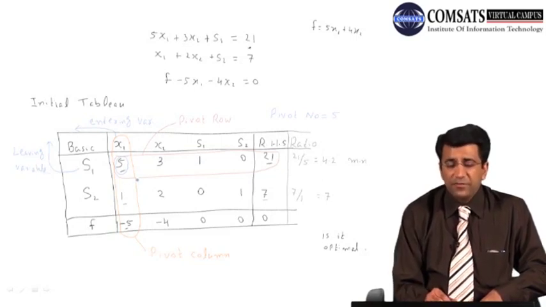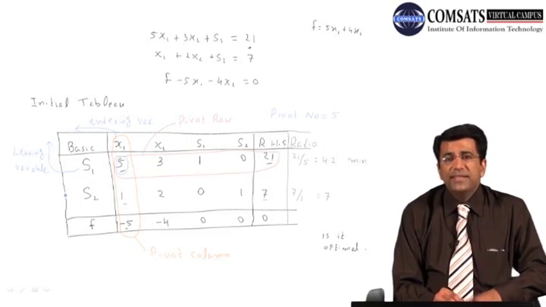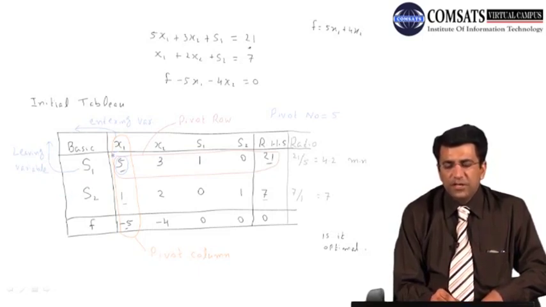Now what is meant by entering variable and leaving variable? In the next step, we will have to rewrite this table, and in that table we will replace s1 by x1. We will remove s1 from this position and place x1 in this space, and that's why x1 in this case is referred to as the entering variable, and s1 will be referred to as the leaving variable.